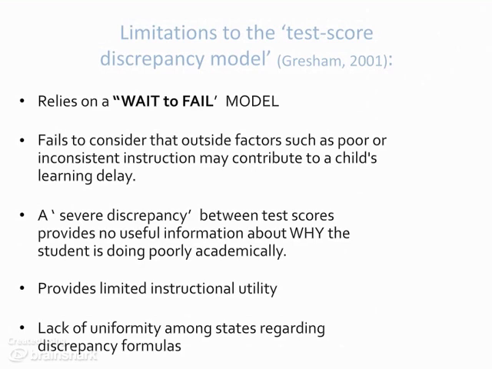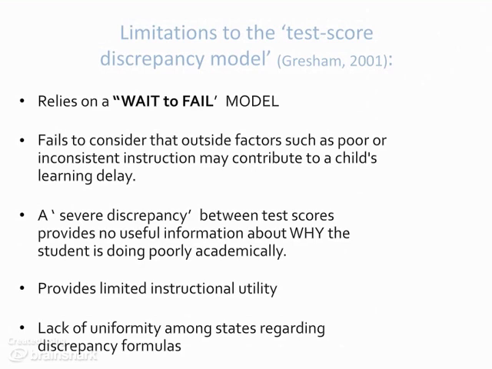Different states and even different school districts within states have often used different formulas, but many causes for concern exist with using this IQ achievement discrepancy model for identifying students with disabilities. Again, it frequently doesn't show you that children have learning disabilities while they're still in primary grades, because you don't have a big enough gap yet.